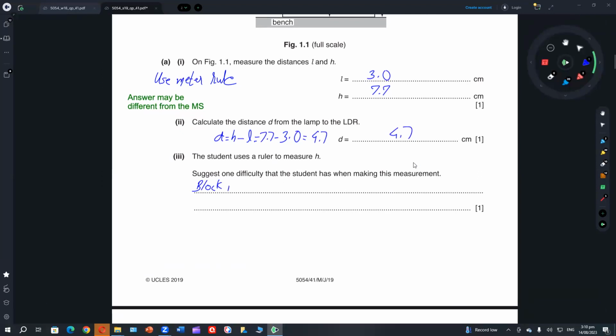Block in between, difficult to locate the center of the bulb.